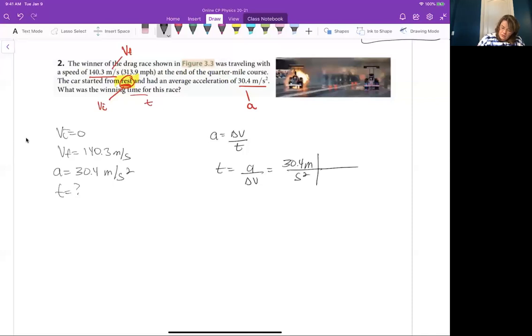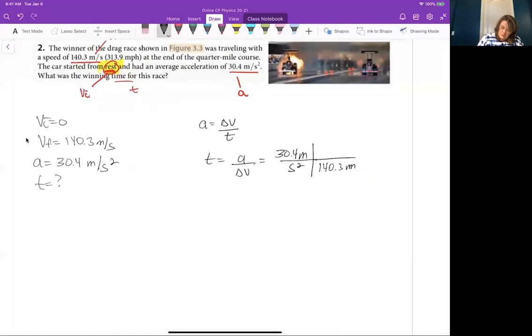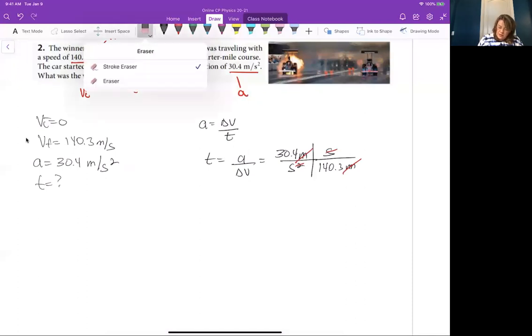Final minus initial, that gives me 140.3 meters per second. Now this is a trick. If I divide by meters per second, I'm just going to take this little second right here and flip it to the top. And then what happens? Let's do some unit analysis. Meters cancel. One of those squared cancels. Whoops. And I can tell actually I've now got a problem. Let's start over. I can tell just by units alone.